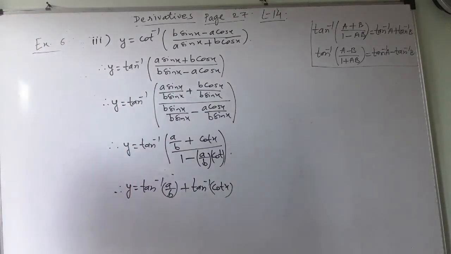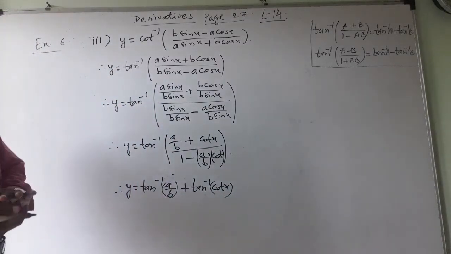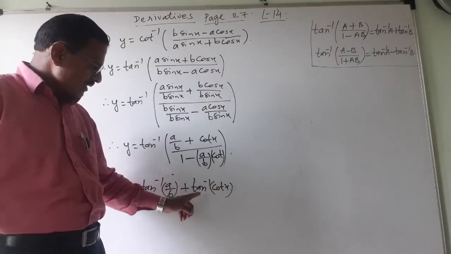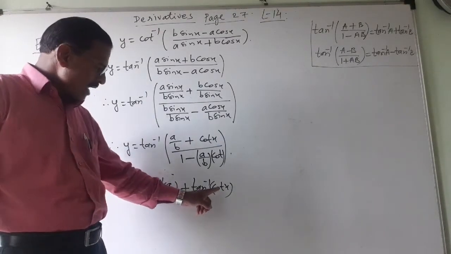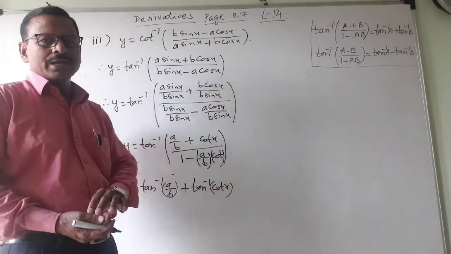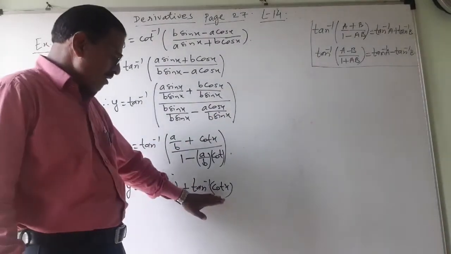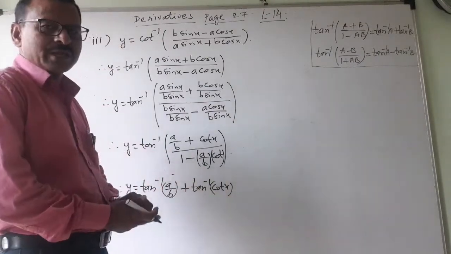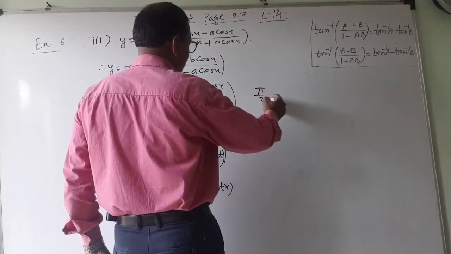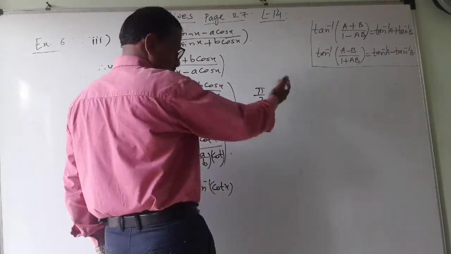This is our y. Now I want to take the derivative, but here you see this is cot and this is tan. I have to convert this cot into tan. I have told you in the earlier lecture that if I want to convert this into something, the ratio will change when pi by 2 minus theta, the ratio changes.